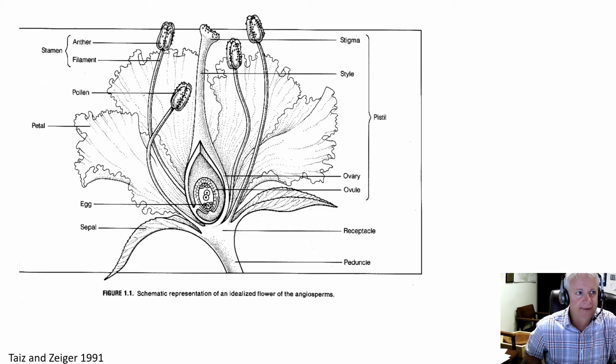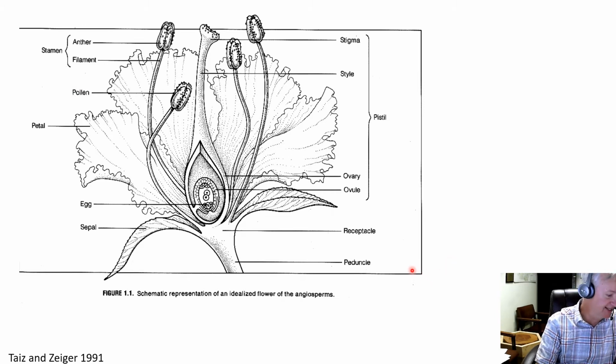I'm going to give then a quick and dirty summary of reproductive biology in angiosperms. This is a typical angiosperm flower, and for the purposes here, I just want you to know that the pistil is the female reproductive structure, and the stamen is the male reproductive structure.